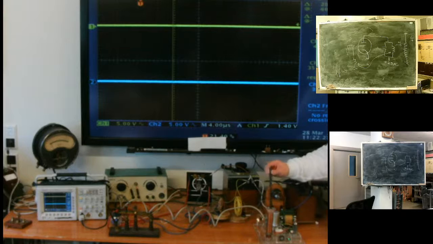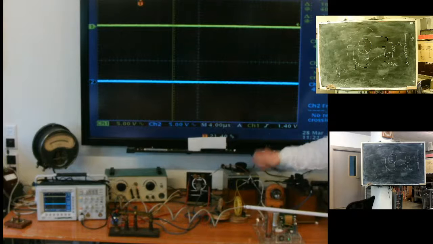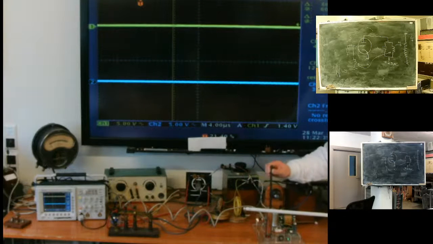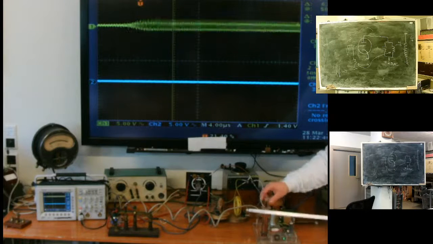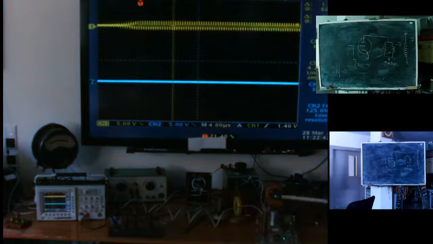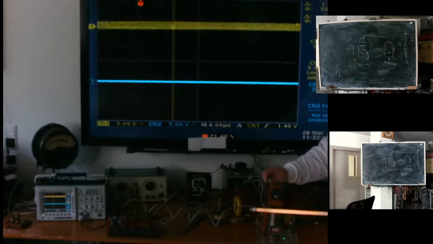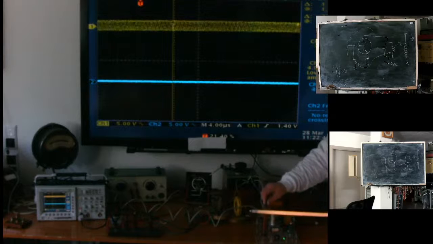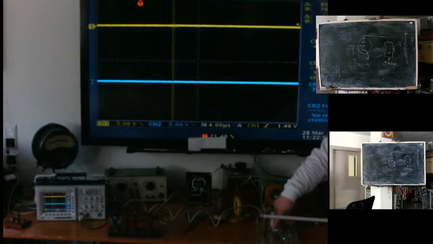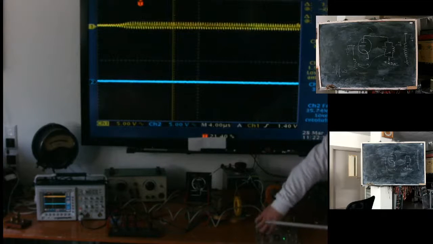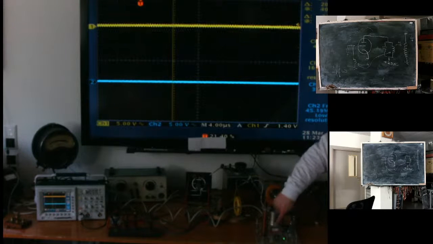With this ferrite rod, I'm changing the inductance of the secondary coil to tune it. I need to tune this contour, this ring and this coil, to the frequency of the main contour of this smaller coil and this capacitor.